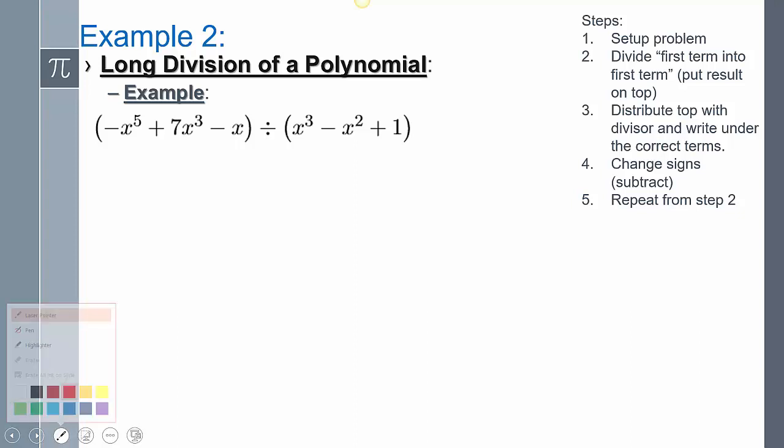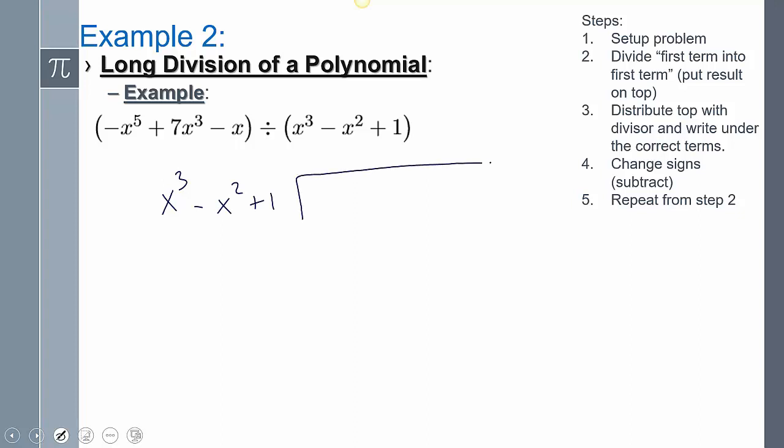So we need to set up the problem. X cubed minus x squared plus 1, negative x to the 5th. Now, if you notice, it is descending, but there are gaps, right? There's no x to the 4th. I need to put a placeholder.